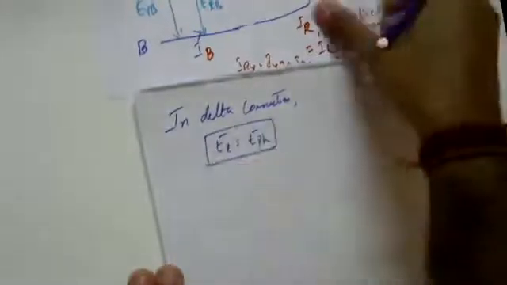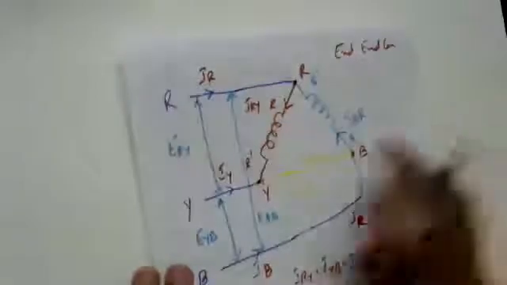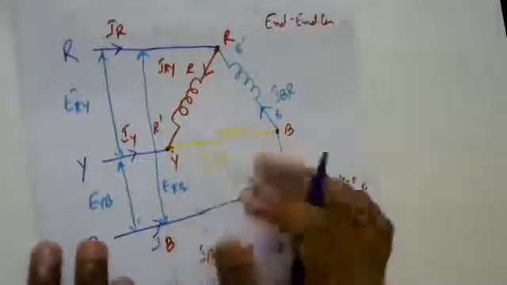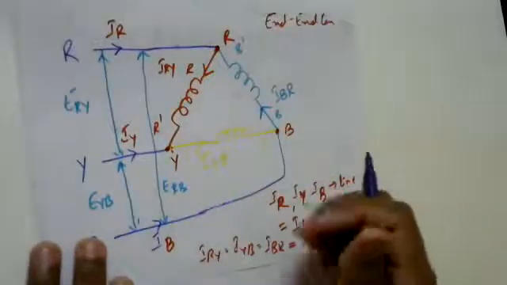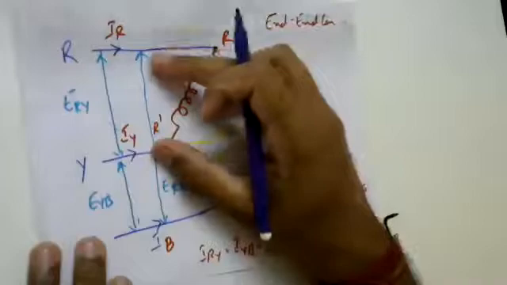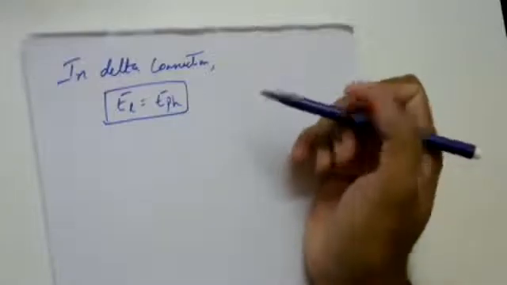Remember this, because here you are having only one type of voltage, that is the voltage between any two phases. So by default, I can say that my line voltage will be equal to the phase voltage.